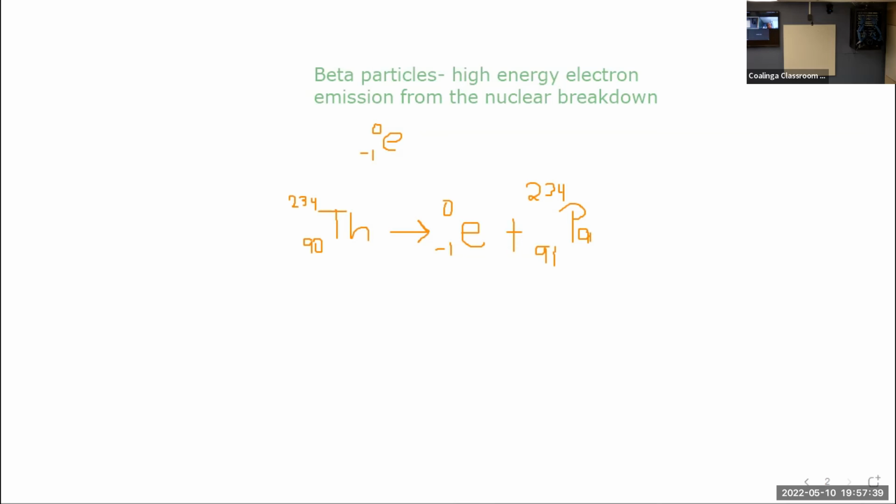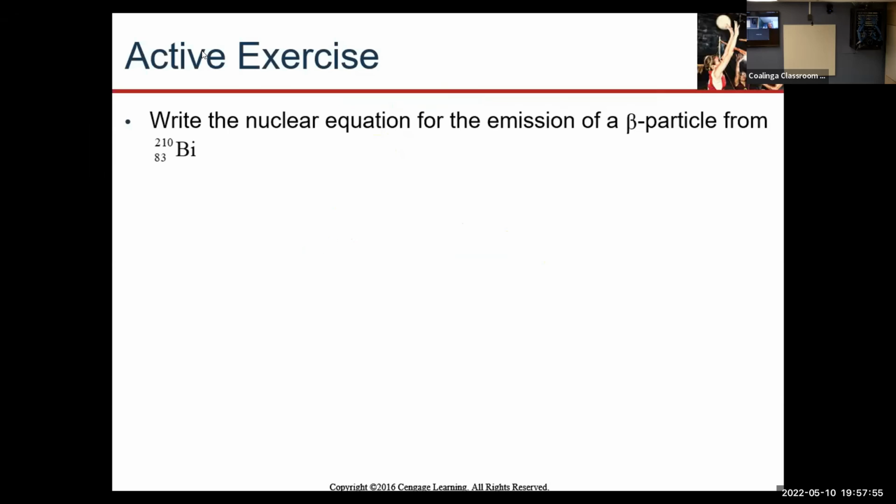Okay, so let me give you an example. Write the nuclear equation for the emission of a beta particle from Bi 210. So bismuth 210.